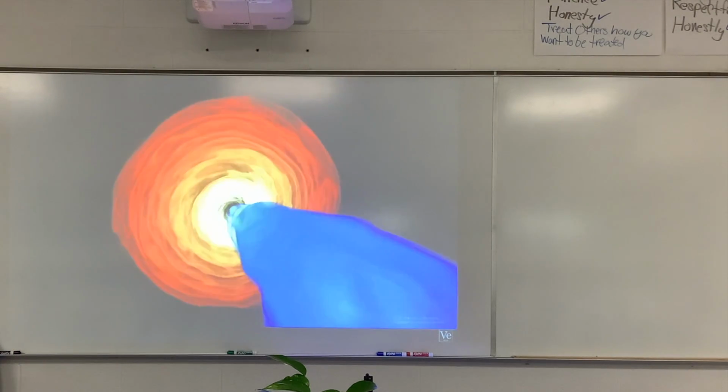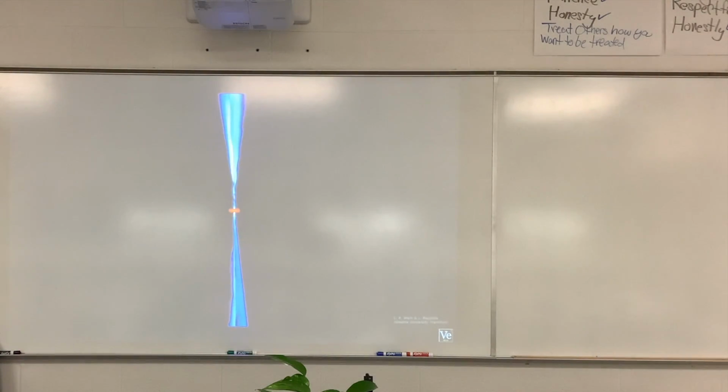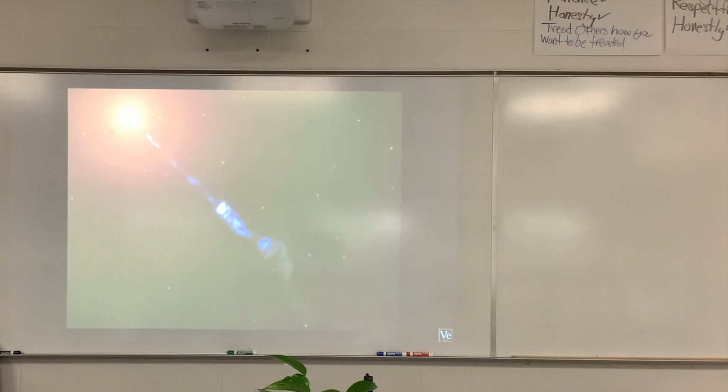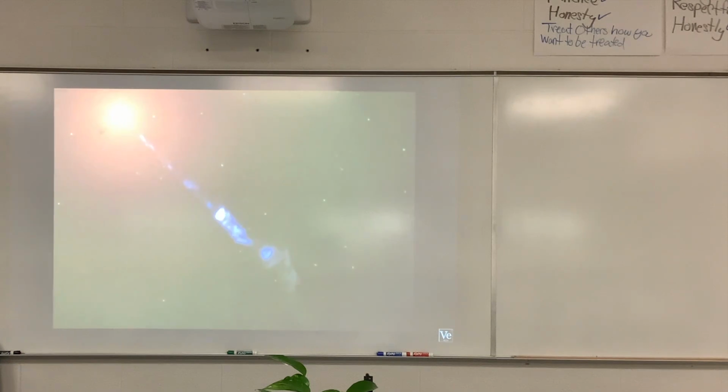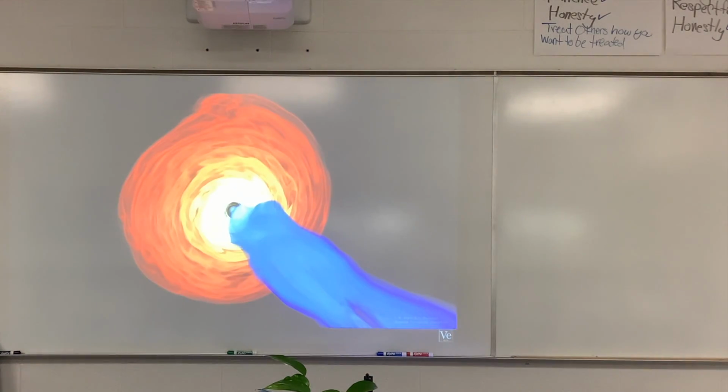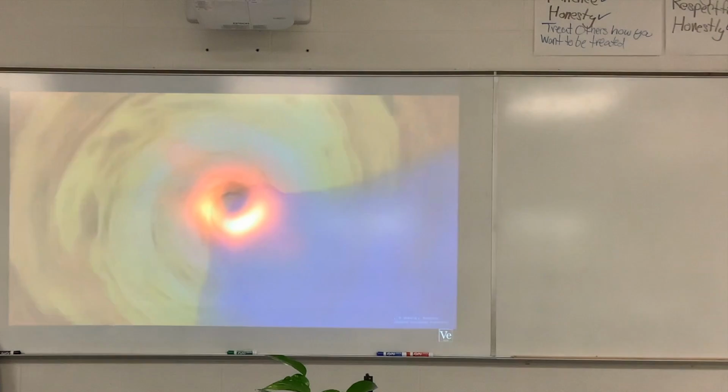The jets extend out at least 5,000 light years, and one of them appears to be pointing almost straight at us. Relativistic beaming is again the reason we can see the jet coming towards us in this Hubble Space Telescope image, but not the one going away. Since the jet is pointed almost straight at us, I'm thinking our perspective is almost perpendicular to the accretion disk.